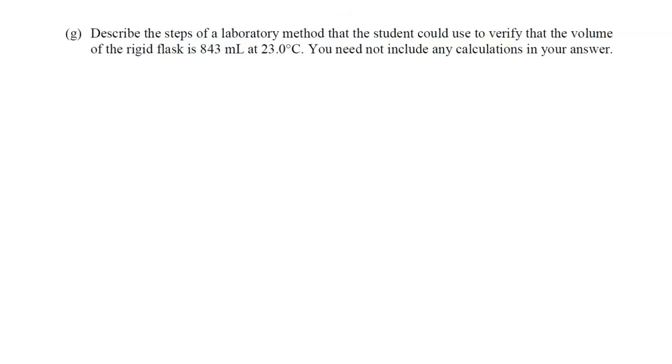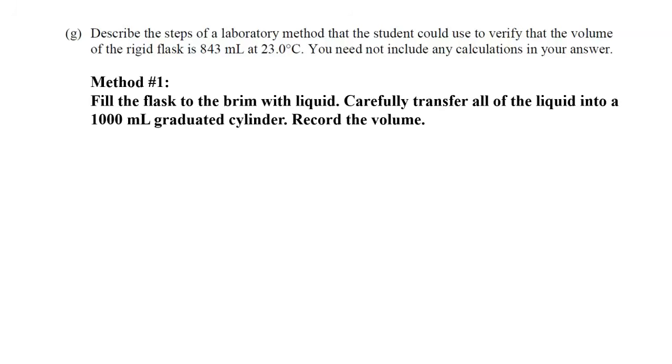Well, one of the easiest methods to determine the volume of the rigid flask would be to take that flask and fill it to the brim with liquid. Since gases expand to fill their containers completely, we could fill that flask all the way up to the top and then carefully transfer that into a graduated cylinder. Record the volume and verify if the volume is 843 milliliters.